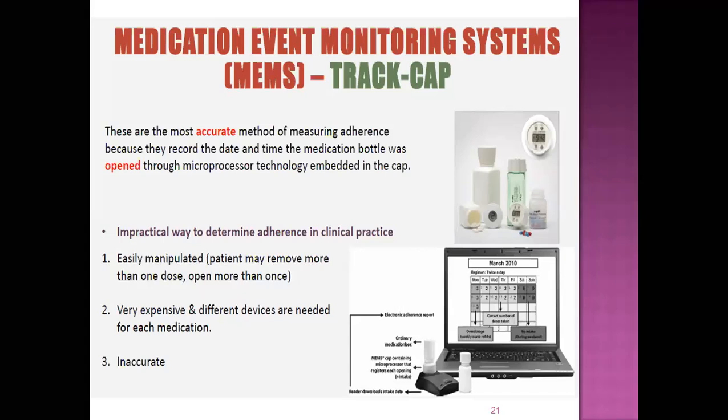And with electronic monitoring, it can easily be manipulated. A patient may remove more than one dose, or open the bottle more than once. That type of monitoring was observed by the consent track systems.